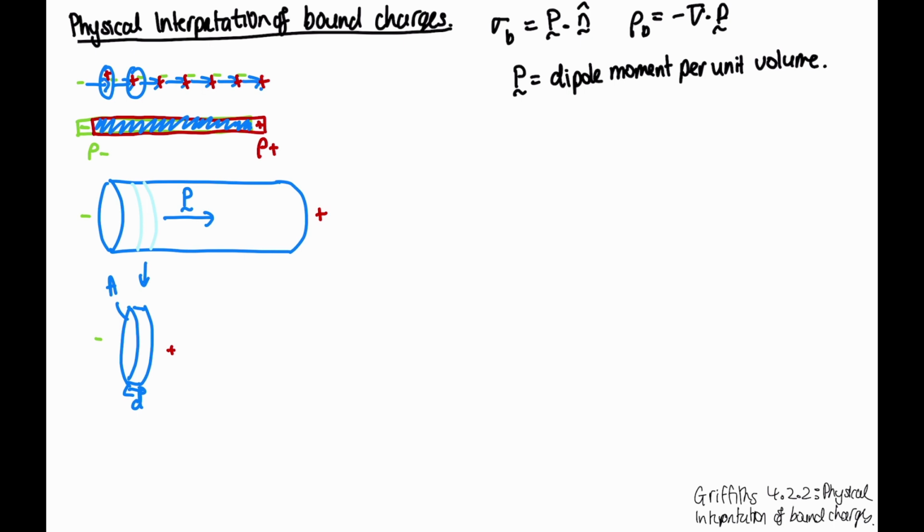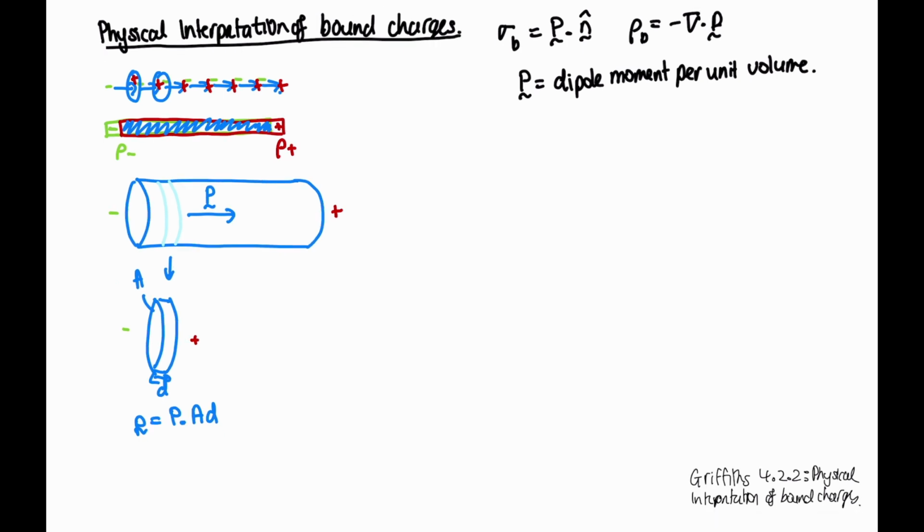And because P is our dipole moment per unit volume, we know that the dipole moment is going to be equal to the polarization times the volume. And so this will be P times Ad. So that's one way that we can write down the dipole moment. And we also know that a dipole moment from when we first derived it is equal to Qd. So we've got the positive charge here and the negative charge here, and they're separated by a distance d here.